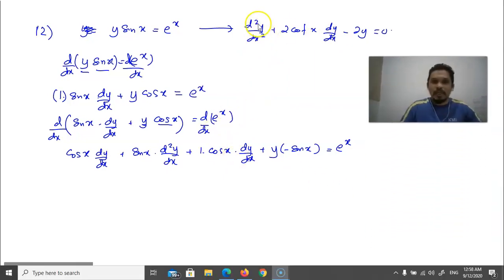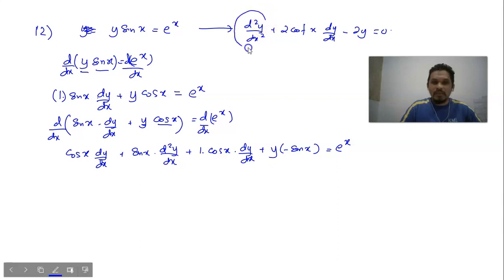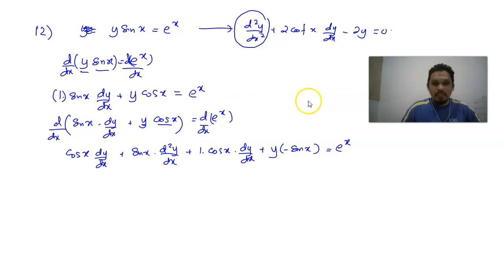What I get here is the second derivative of y with respect to x, with sine x in front. So if I divide by sine x on the left and right, of course sine divided by sine equal to 1. So this is the second derivative of y with respect to x.